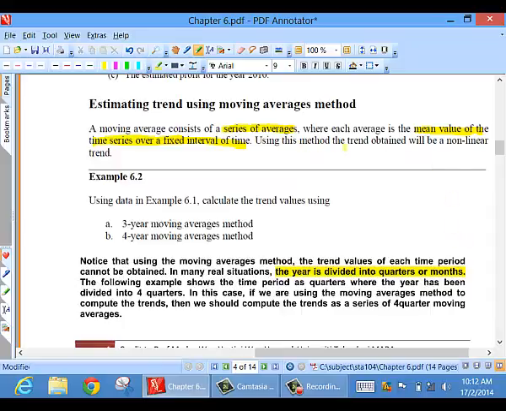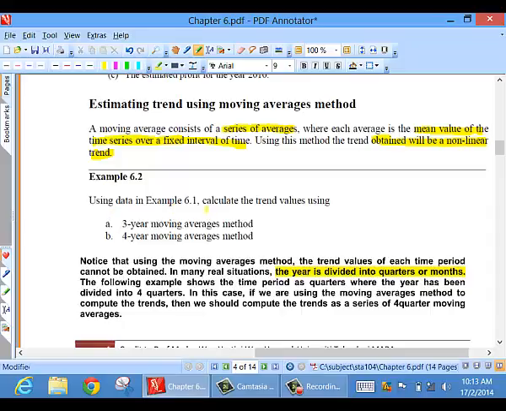Using this method, the trend obtained will be a non-linear trend. In the least square method, the trend obtained is a linear trend, but for moving average, the trend obtained is a non-linear trend.